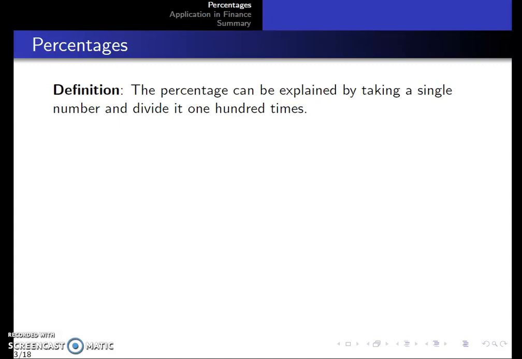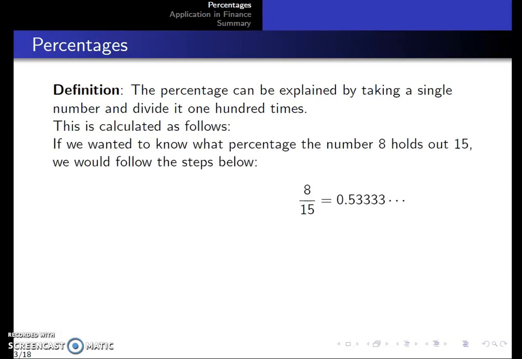Now, percentage can be explained by taking a simple number and dividing it by 100, or dividing it 100 times. This means, if we can show the calculation below, if we were to take, for instance, 8 out of 15, the steps that would follow are these.